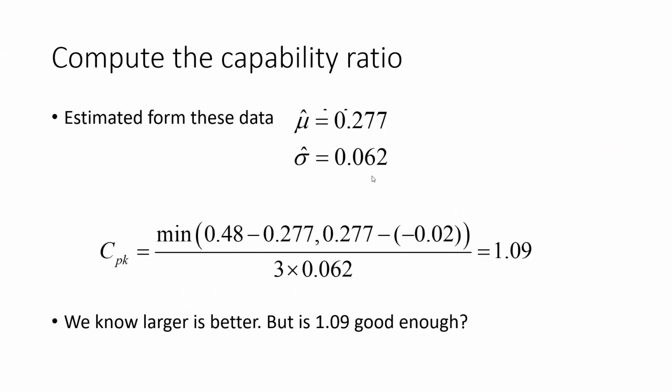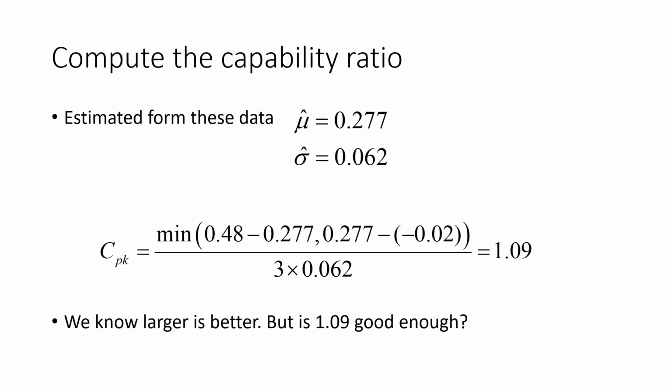So for this particular example, we have estimated a mu of 0.277 and a sigma of 0.062. We plug that into the formula where we have the mu here twice, and then we have the upper limit, the lower limit, and then 3 times sigma at the bottom, and we get 1.09. So we know 1 would be 3 sigma, 1.09 is a little larger than 3 sigma.